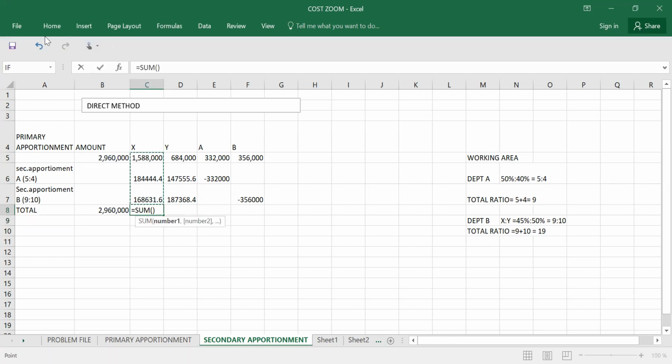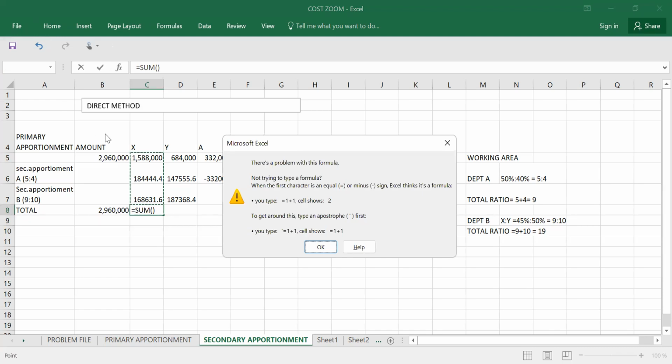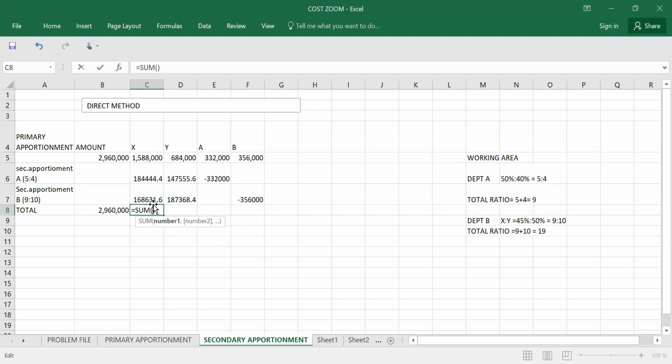You see, those highlighted cells are the ones that I'm adding, right? So I'm adding from here up to there. So that is what I'm doing.